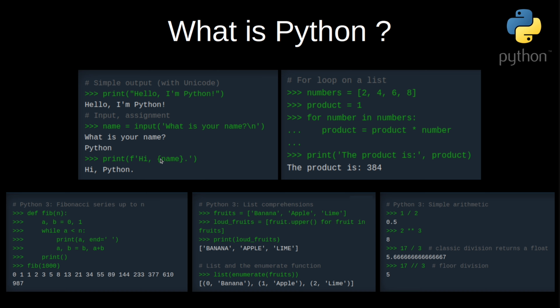For example, using curly braces and the variable name inside. And then Python will output the sentence with the value of that variable name that we put inside, between curly braces, between the single or double quotes, and after the f format attribute here.